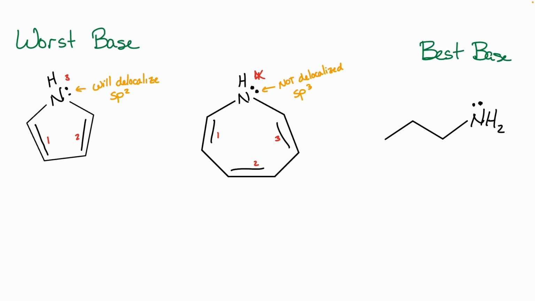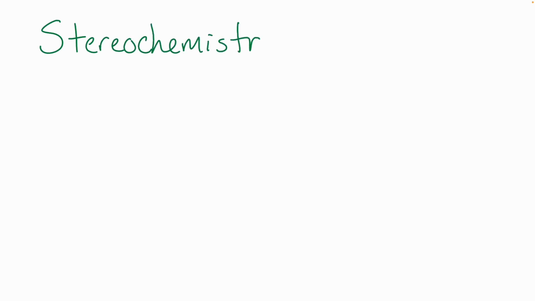All right. Other fun facts about our amines here. Everybody's favorite topic of stereochemistry. When we were talking about stereochemistry of an alkane, how did we identify a chiral carbon? 4 distinct bonds, right?